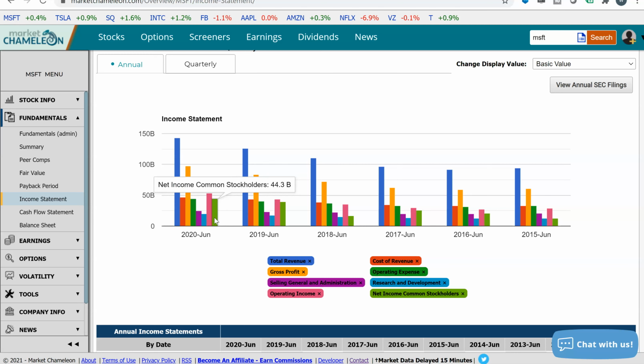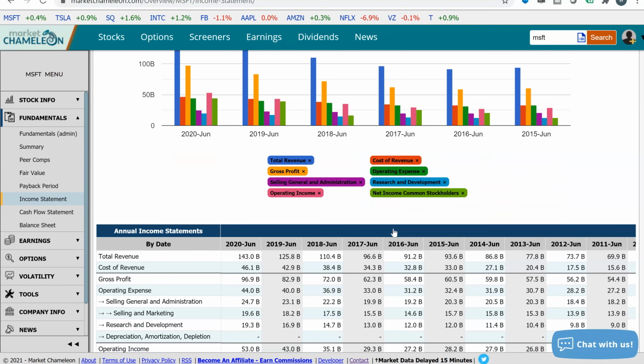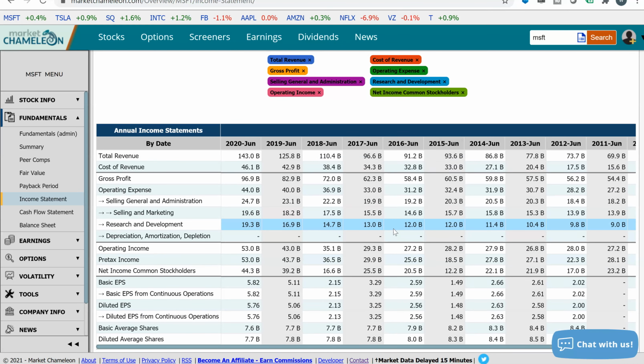I'll go into more detail, but the point of the graph is to compare them versus each other and how they've been growing or decreasing year over year. So just a quick observation here. If I take a look at the total revenue, I could see that Microsoft's total revenue has been growing year over year. I'm going to come down to the data table here and just show you the basic layout.